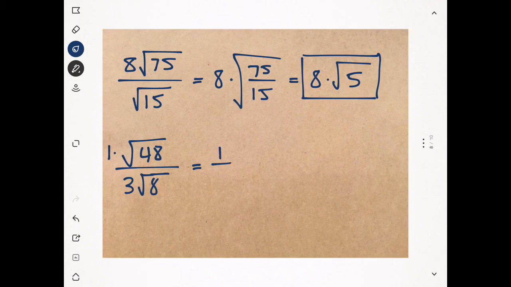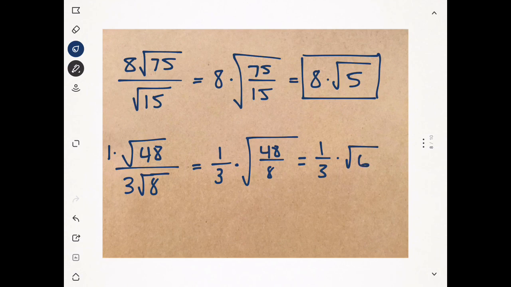So I have this fraction 1 over 3 times this whole radical 48 over 8. So if I just do the division, 48 divided by 8 is 6. So I have 1 over 3 times the square root of 6.